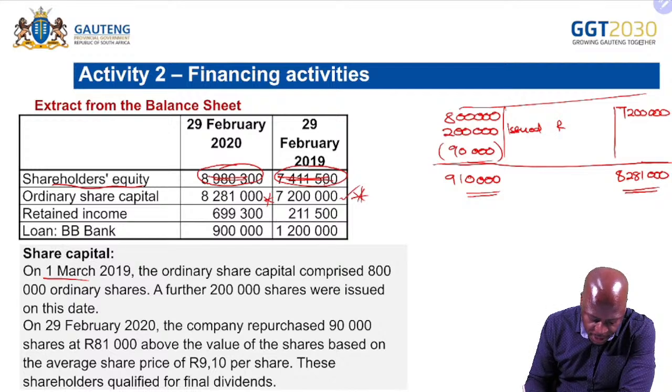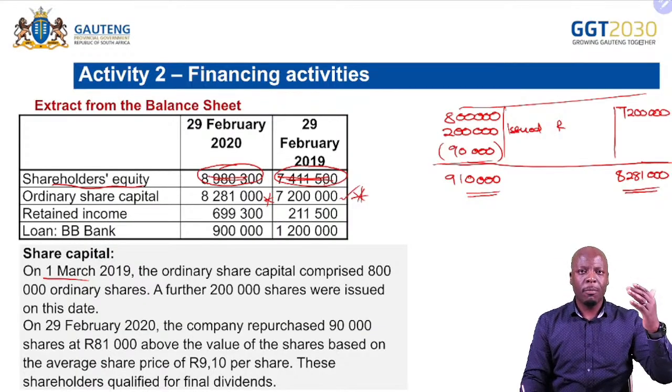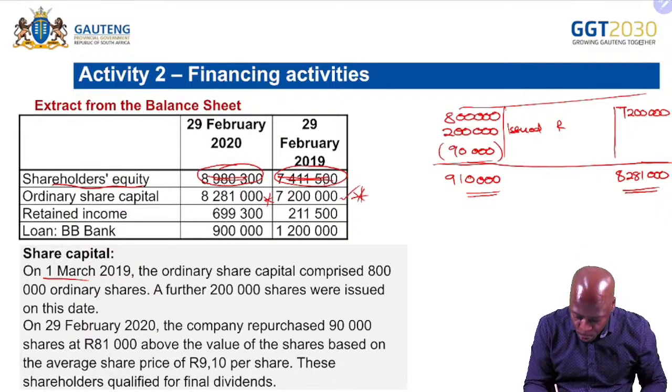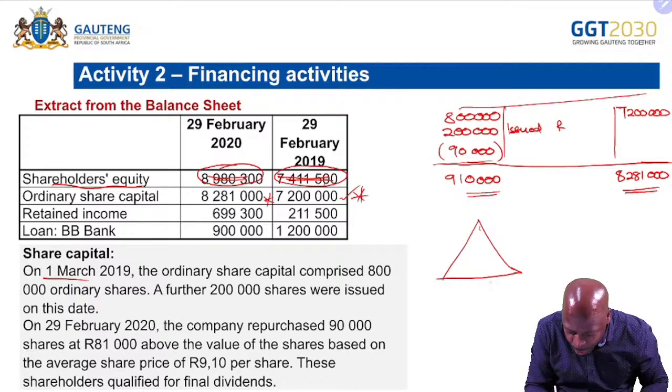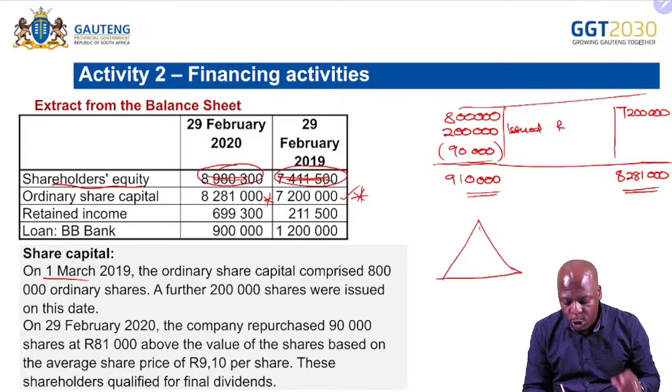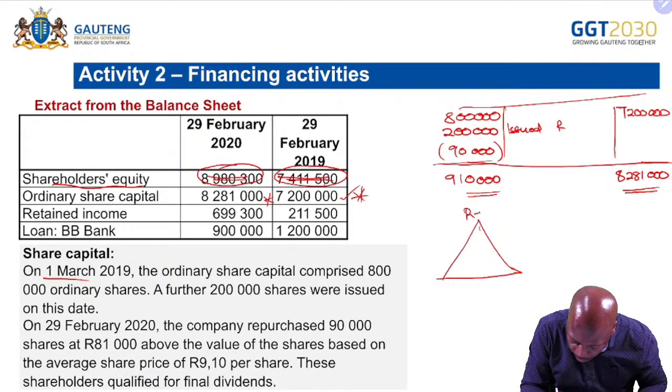Now, they then say, these shares were repurchased at 81,000 above the value of the shares. Once they begin to talk about above, in your class, you should have done the triangle. Okay? The triangle is 3 parts. The first one is the repurchase price. Okay? Then here you have the average price. And here you have the difference.